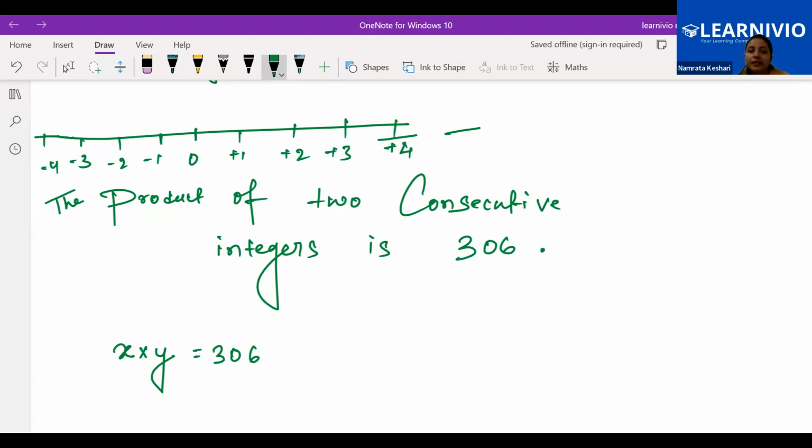Yes, ma'am. Yes, so see the pattern of positive integers. 1, then 2, then 3, then 4. So there is a gap of 1. Every time we add 1 to the previous one, and we get the next integer.